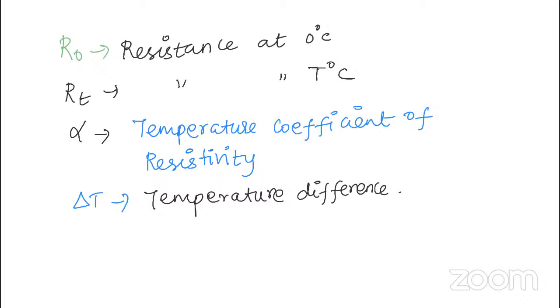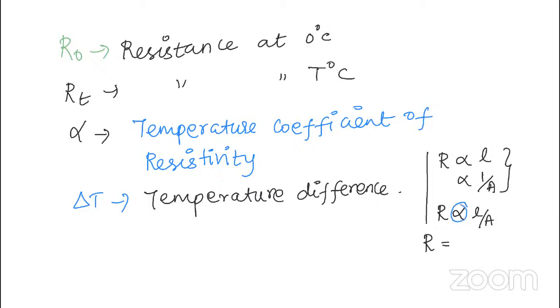See, what is the difference between resistance and resistivity? It's very simple. Previously, the formula for resistance: we saw in the last class that R is directly proportional to L and R is inversely proportional to A. Now we can combine these two, so R is proportional to L by A. To remove the proportionality we add one constant, and that constant is the resistivity. So R is equal to rho L by A. Here R is resistance and rho is resistivity.